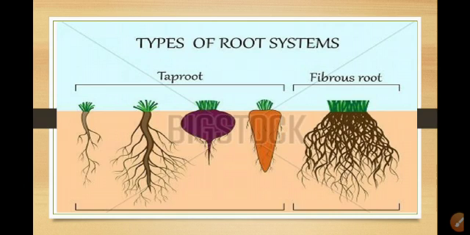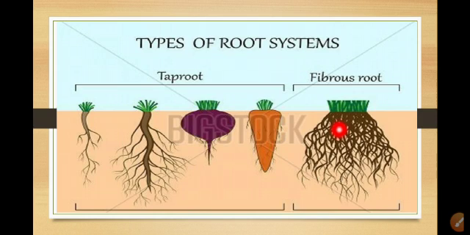Now here we have studied the two types of roots in this unit number 4, taproots and fibrous roots. So also there is an activity to draw the taproot and fibrous roots.